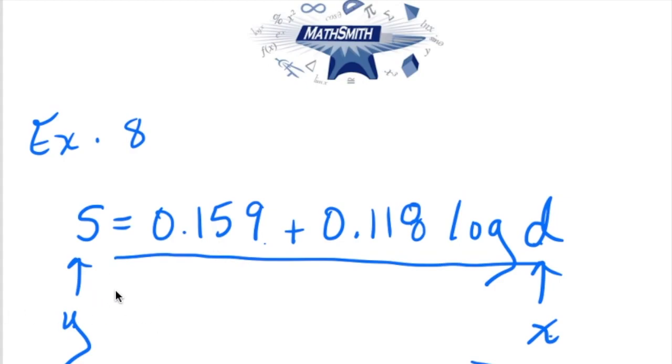So that means you are going to graph the second equation, S equals 0.2, as y sub 2, and use your intersection feature to find the intersection.